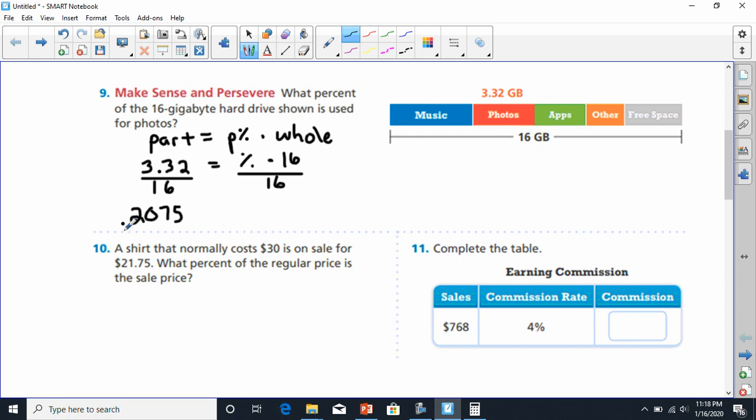When I move my decimal over 2 spots, I'm turning it into a percent. It's going to turn into 20.75%. Or I could say, if I round it up, it's about 21%.